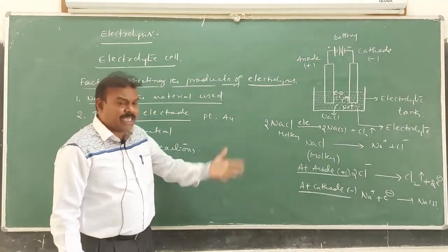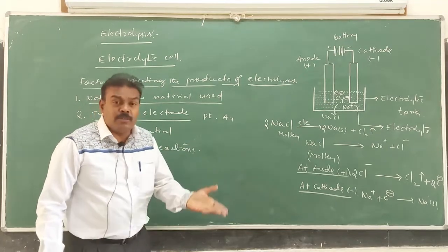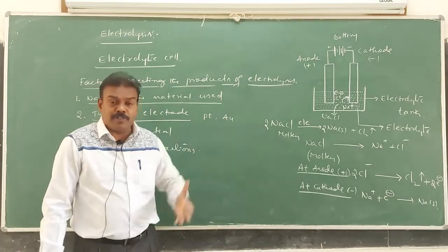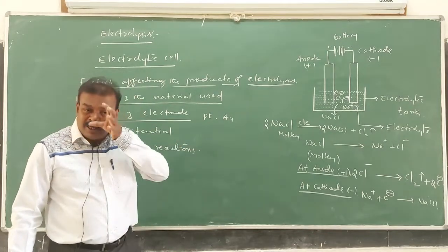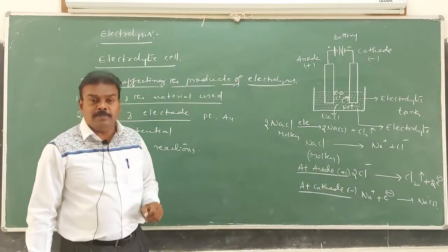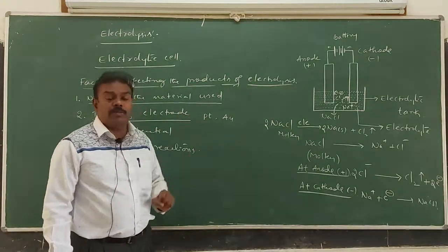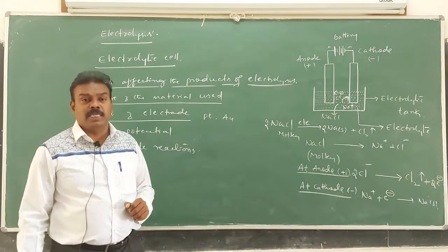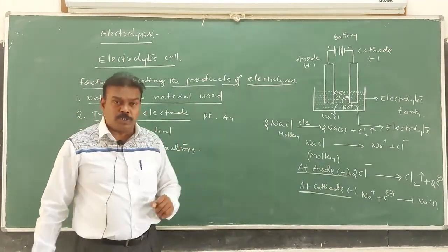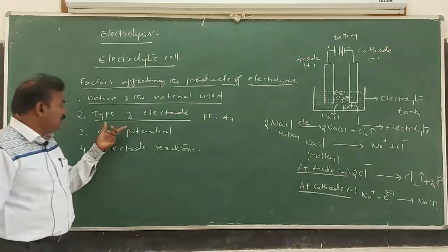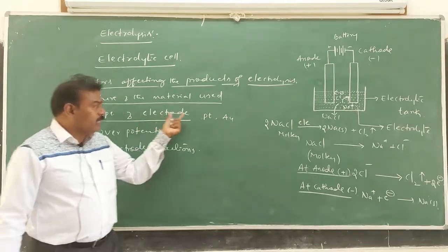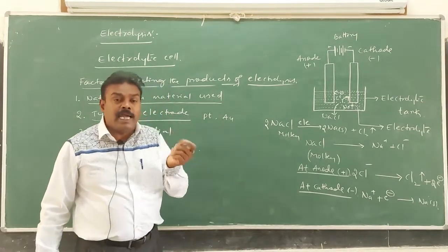But in other cases, electrodes may be involved in the reaction. They may dissolve, or some substance may be deposited on their surface. In that way, in some cases electrodes are involved in the chemical reaction itself. Hence, the products formed during electrolysis also depend upon the type of electrodes, whether they are inert electrodes or active electrodes.